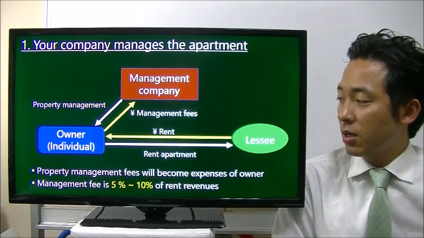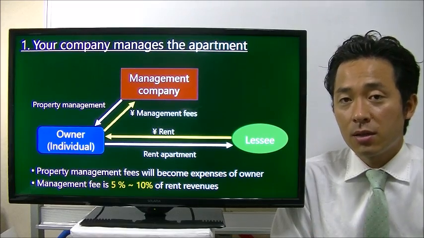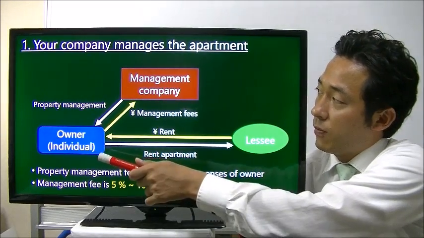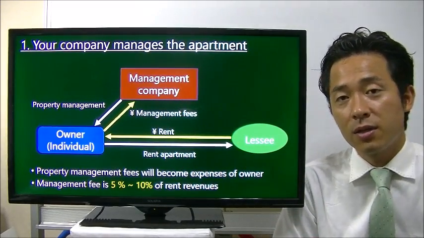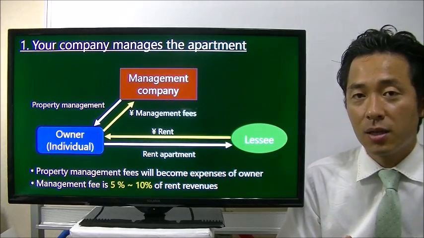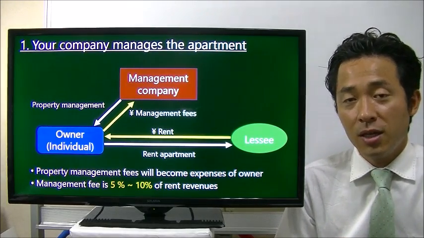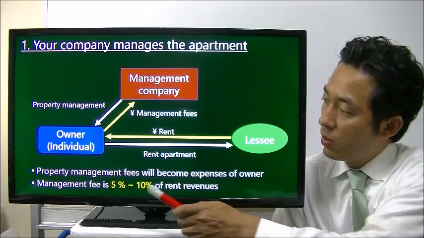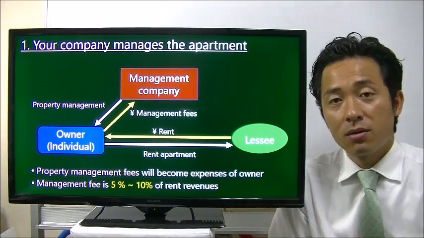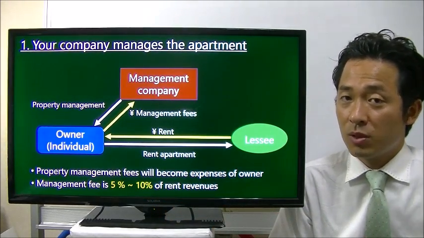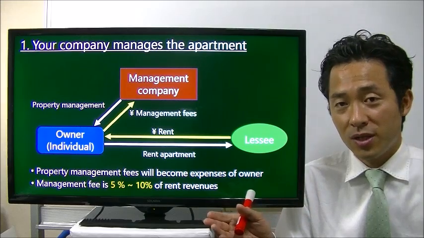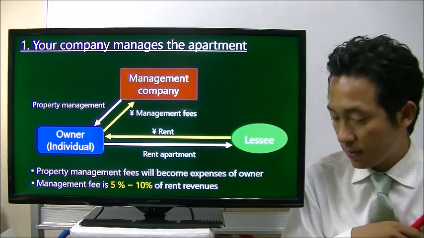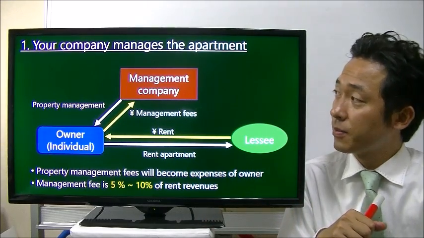So in this way you can recognize additional expenses, which is management fee to your companies. And if the management fee is too much, the tax office will deny the expenses. So in general, appropriate amount of the management fee is between 5% to the 10%. But still you can save tax.